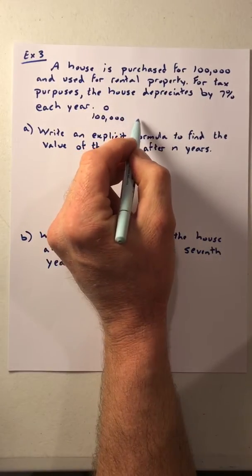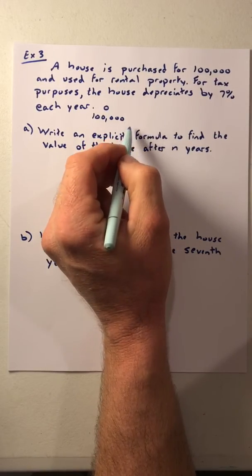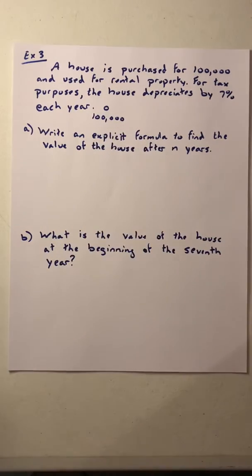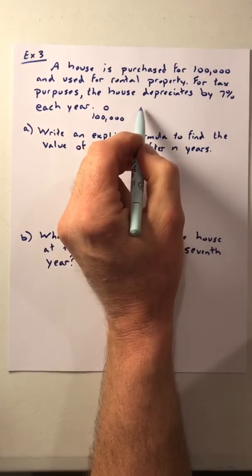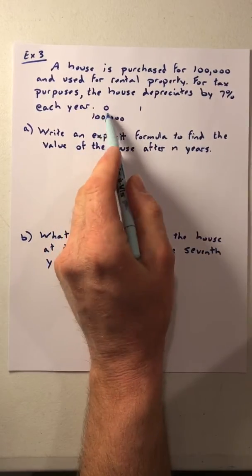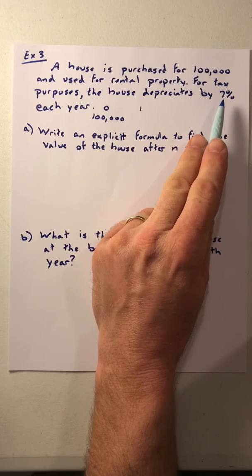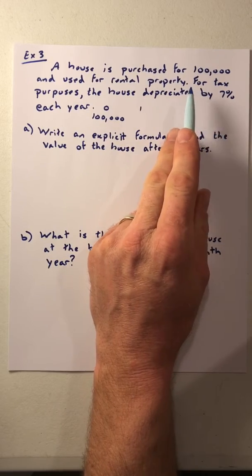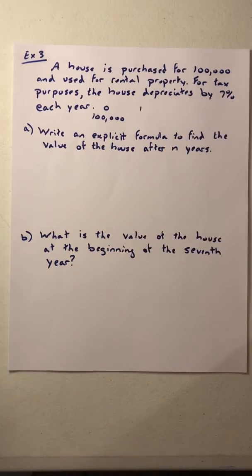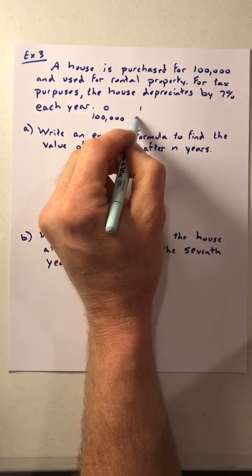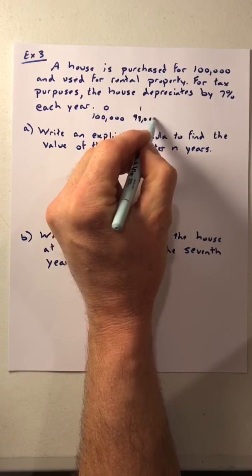In order to get to the next term of our sequence, or the first term of our general equation, what's happening? Well, I'm going to take $100,000 and depreciate it by 7%. If I depreciate something by 7%, then the value is going to be 93% left. 93% of 100,000 gives me 93,000.